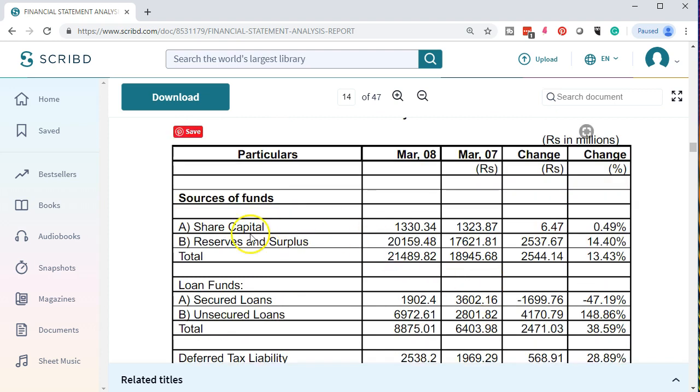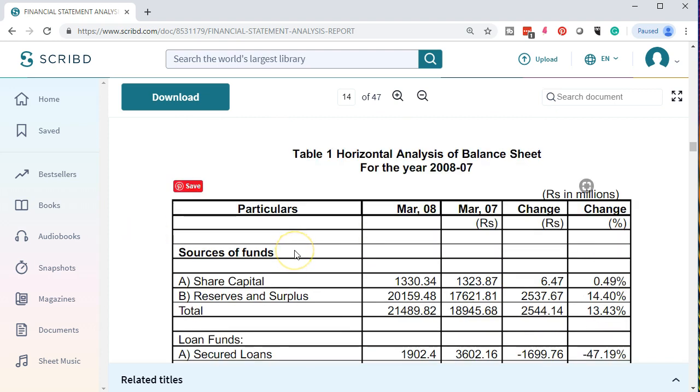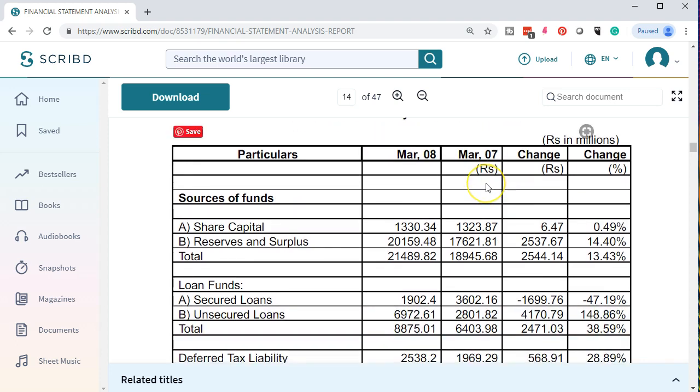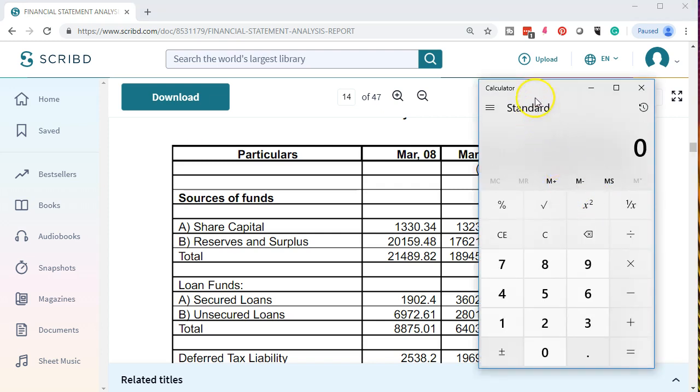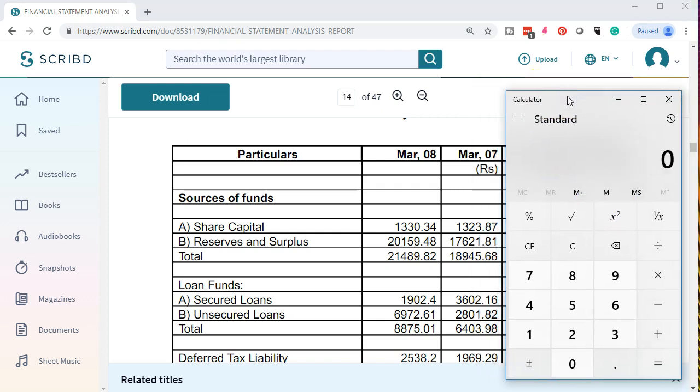So here we have our information. We're going to concentrate here on the calculations that we have. So we've got the 08 and the 07 numbers, and our calculation for the horizontal analysis, remember, is the calculation period over period. In this case, year over year. We have the dollar change and then the percentage change. So the dollar change is going to be equal to the current year, 1330.34, minus the 1323.87.